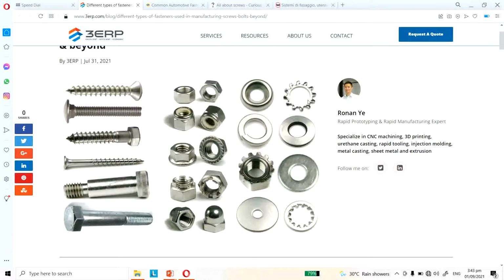The use of these washers is, if there are vibrations, this can help maintain the grip of the nut. And by the way, the function of the washer is to increase the bearing area.